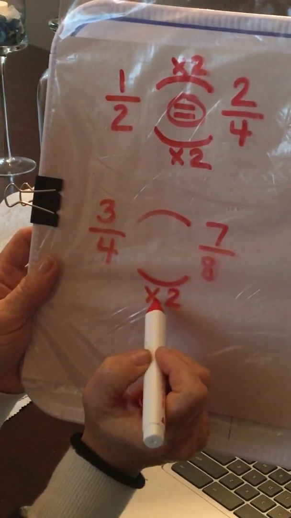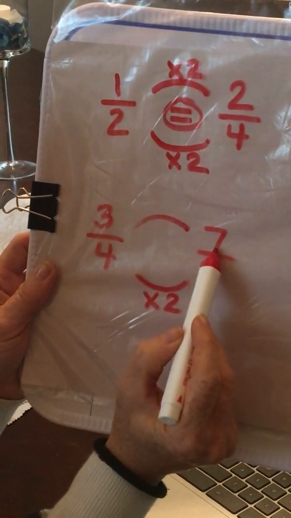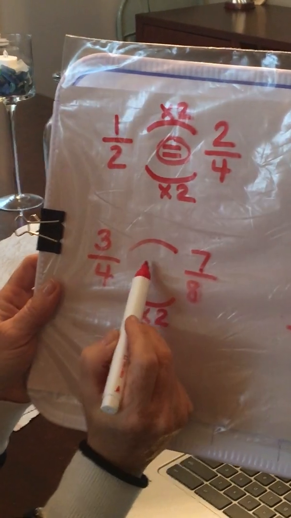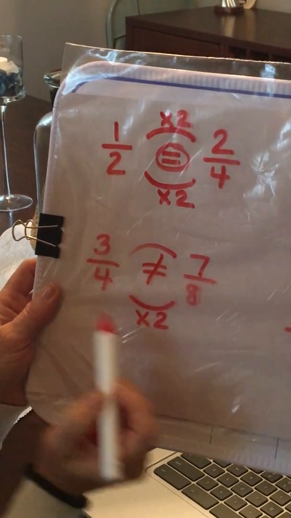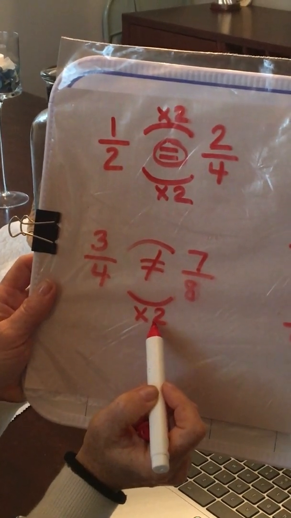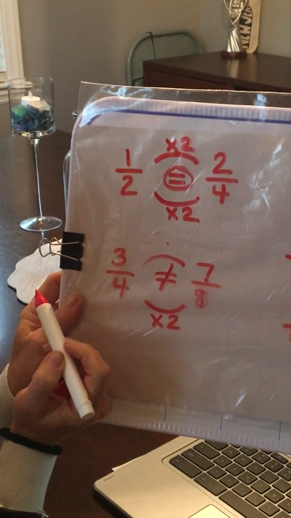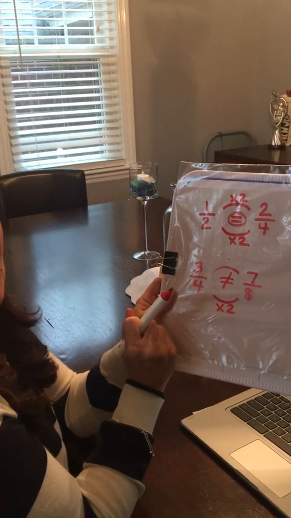But if I use times 2 on the top and the bottom, 3 times 2 would not be 7. 3 times 2 would be 6. So these two fractions are not equivalent because I can't multiply the top and the bottom by the same exact number. So this is a little strategy that might help you when you're figuring out these slides.